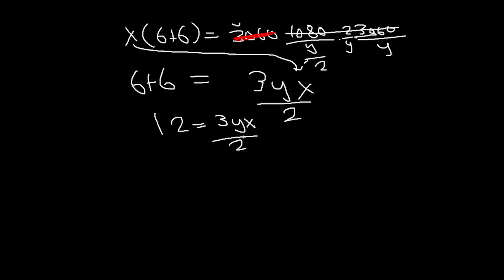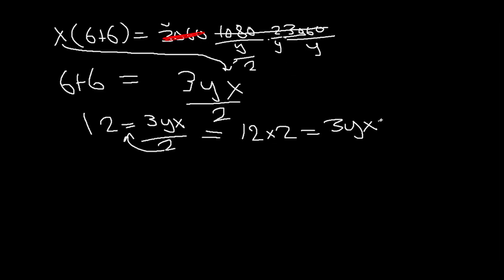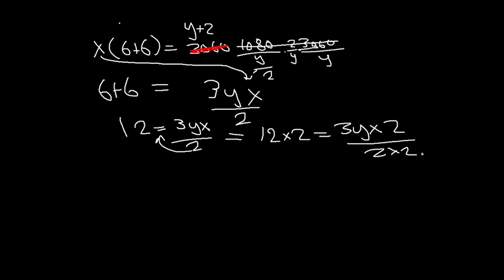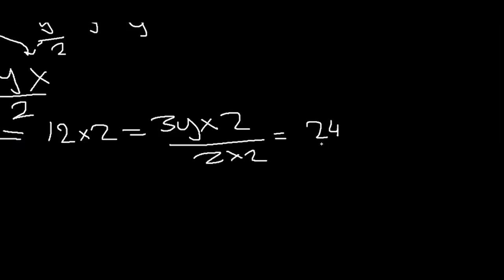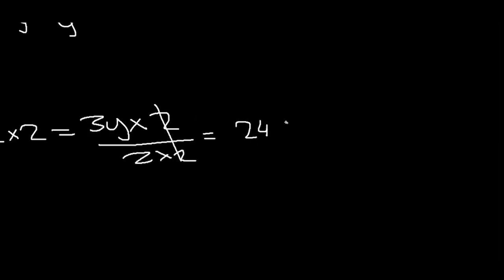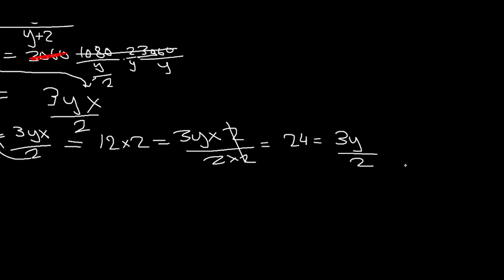Now that we have that, you multiply this side, so 12 times 3yx over 2 times 2. Yeah. I think these ones cancel out. 3y over 2.